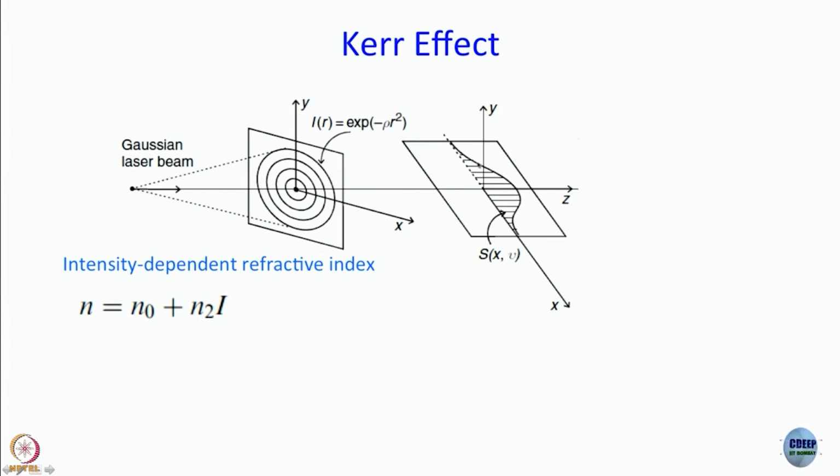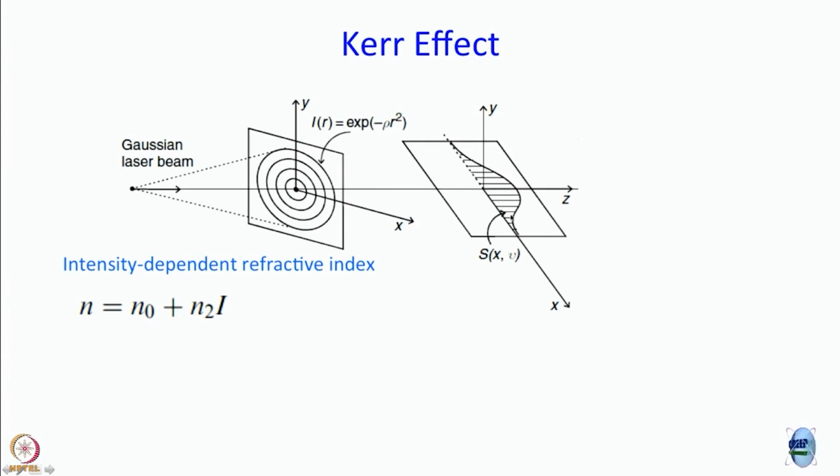Intensity will fall off in this manner, as we have discussed, right? And since this is from a printed book, this is a prettier diagram than I could have drawn. What will happen to the refractive index? Intensity is maximum at the center, and it falls off on the two sides.